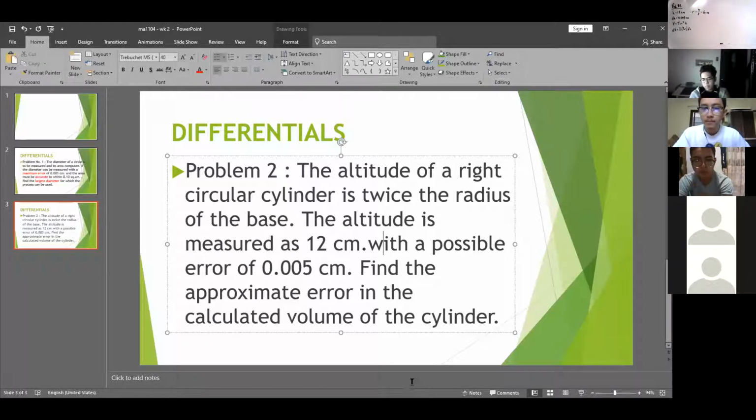So we have dV equals pi 2r dh. What are we going to do next?